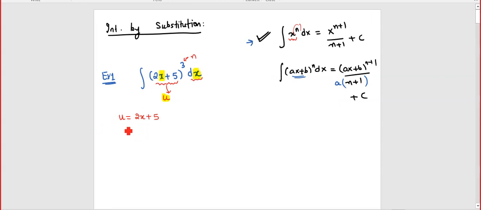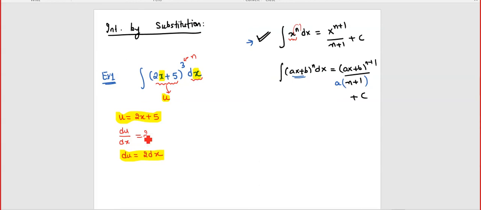So in this integration process, you will use the derivatives as well. As we need the value of du, we will differentiate this term. When you differentiate 2x plus 5, it gives you 2 plus 0. So from here, you will get the value of du as 2 dx. Now we will make use of this u and du.